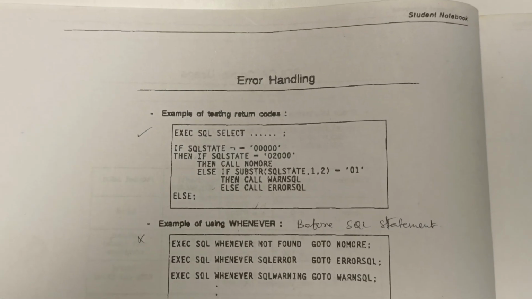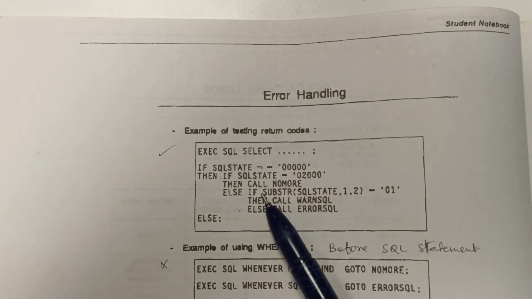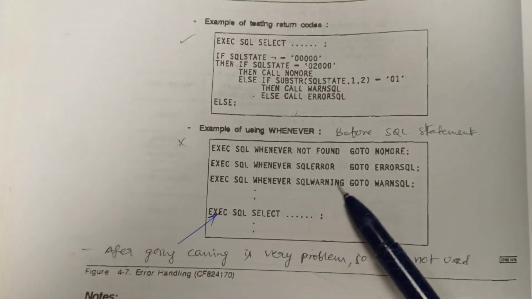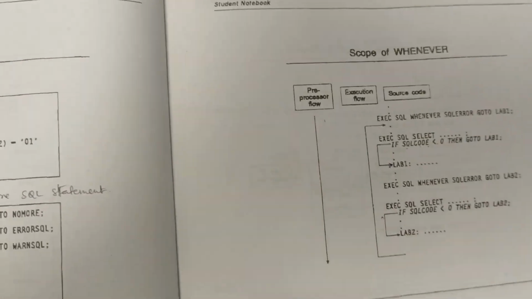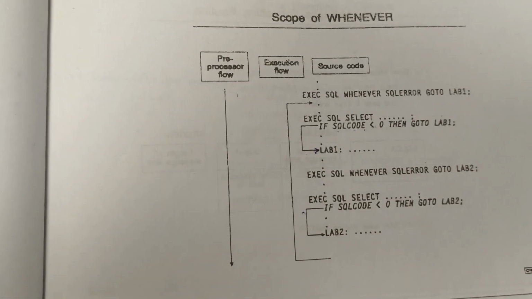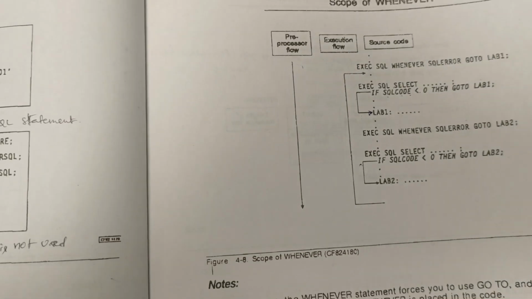I am covering this whole syllabus using only this syntax format. This is a sample whenever, but I am skipping the whenever condition because we are not using whenever in recent development.